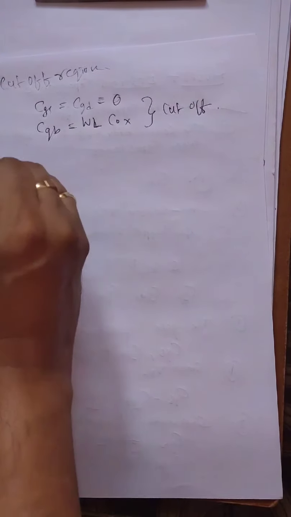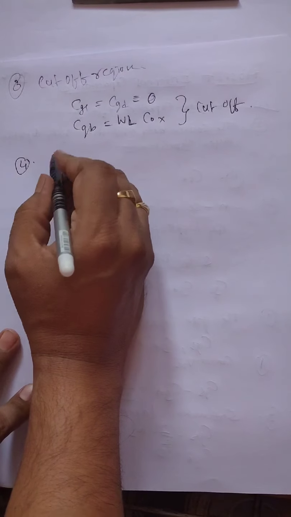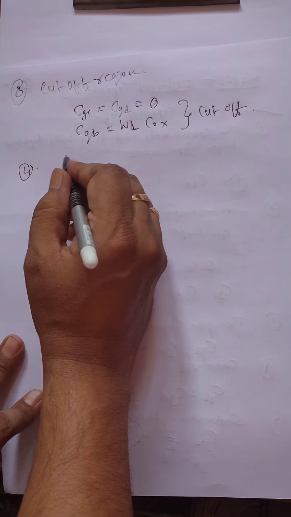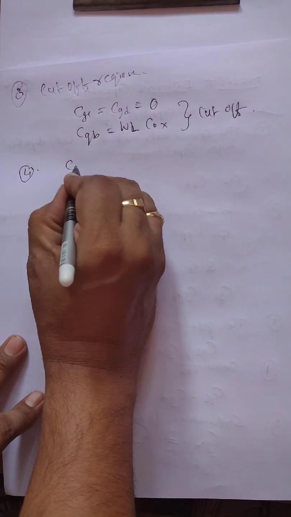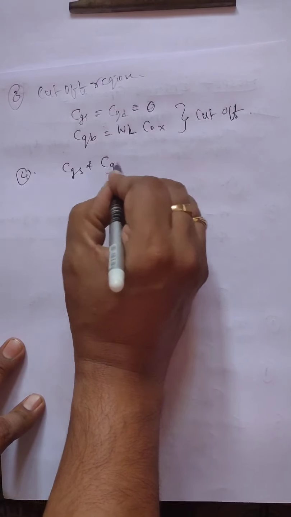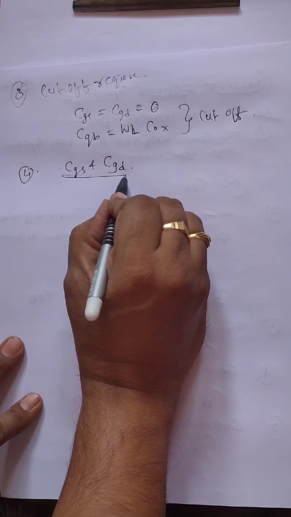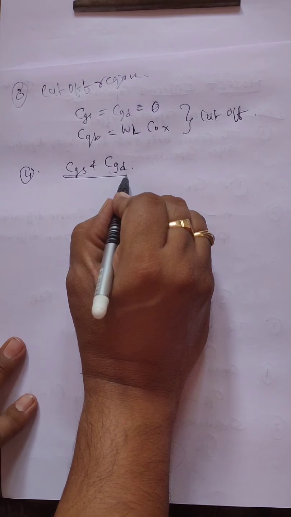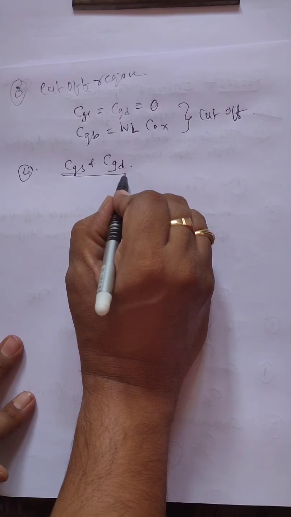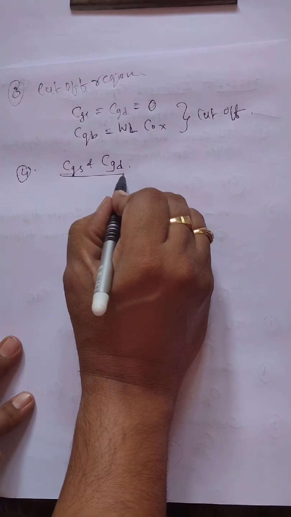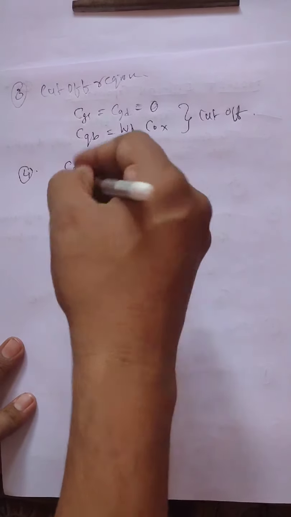In a similar way, there is an additional small capacitive component that should be added to our gate source capacitance as well as the gate drain capacitance. This is the capacitance that results from the fact that the source and drain diffusion extend slightly under the gate oxide.